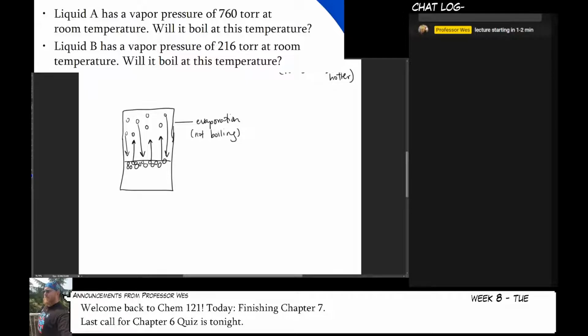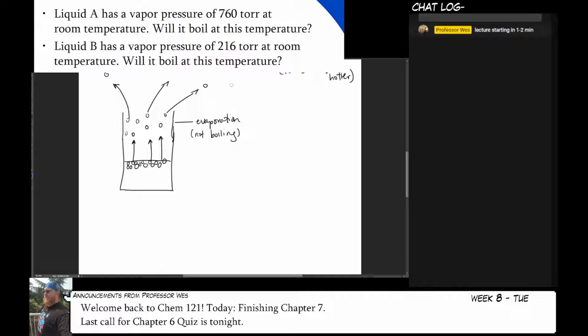Now, just as a curiosity, what happens if you do this? If I open the container, what ends up happening is that my particles then escape, and the odds of them coming back into the container and recombining as a liquid are so low, just because once they get out into the atmosphere, there are so many different other places to go, and the odds of them randomly returning to the container are essentially zero.